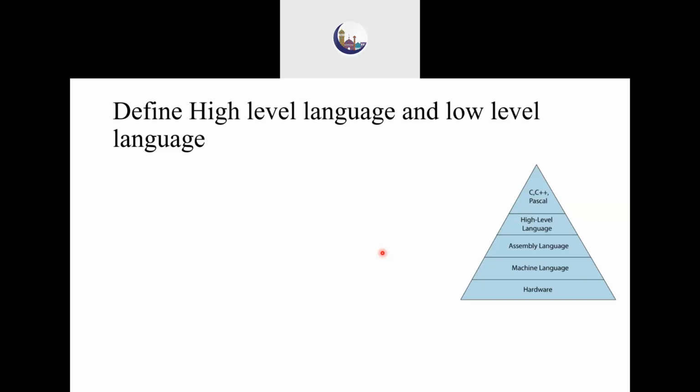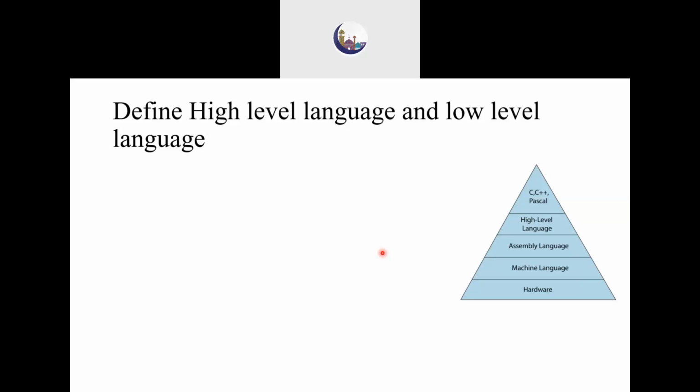When we are talking with the computer, we have to speak in the language or in the terminologies which the computer can understand. But honestly speaking, a computer is just an electronic device which doesn't understand English, Telugu, Hindi, or any other language except ones and zeros.